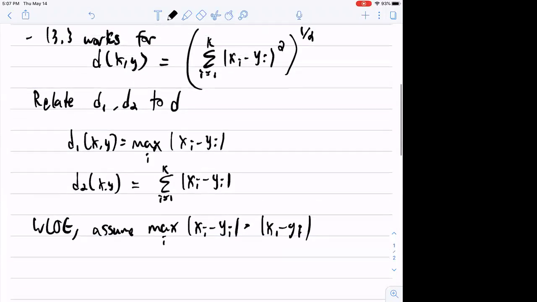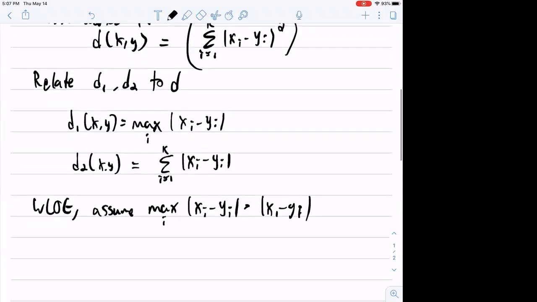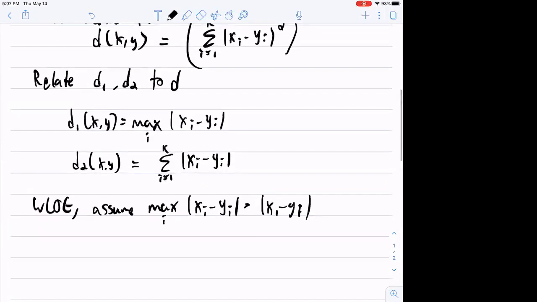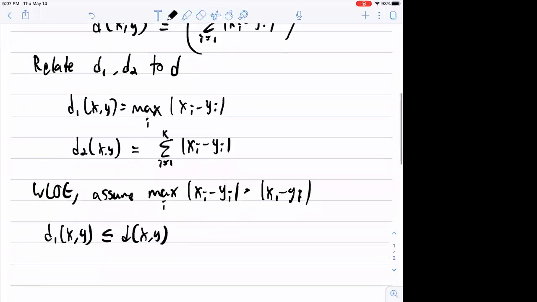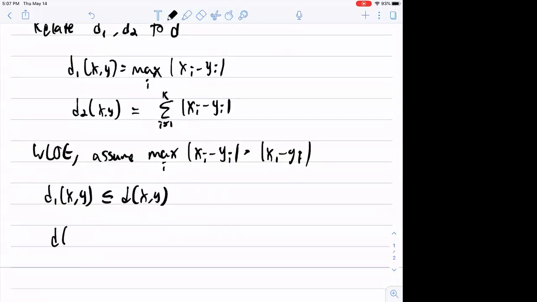So you see here, d1 of xy is certainly smaller than d of xy. Why is this? Because let's write out what d of xy is. Instead of writing the sum, I'm going to write the whole thing.